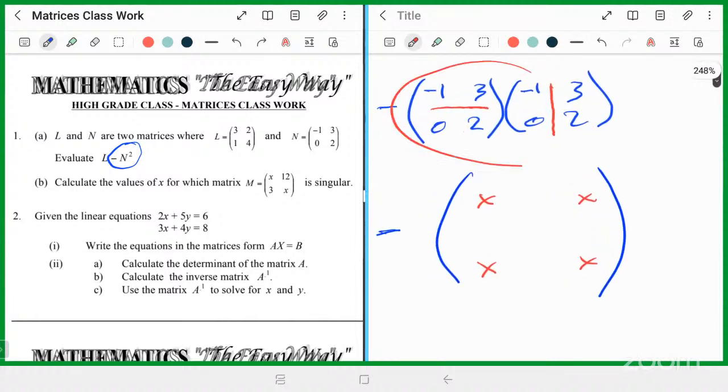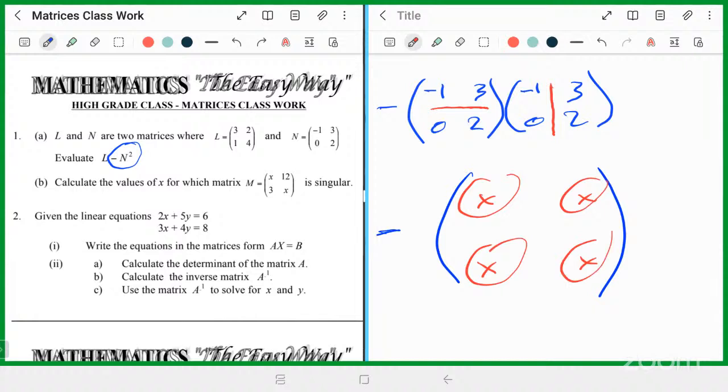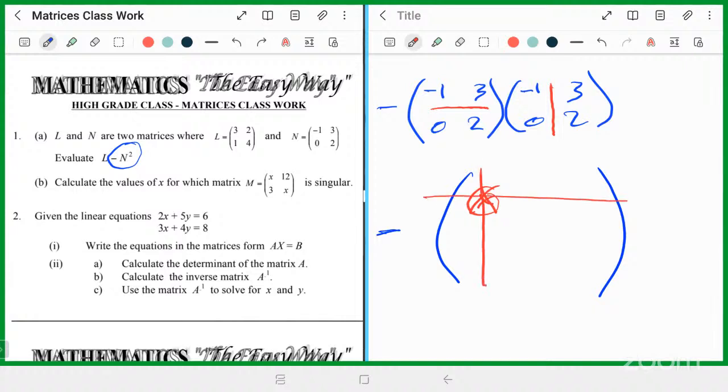When you multiply matrices, you multiply the rows of the first matrix by the columns of the second matrix, and the row and column you choose is based on the position of the value you're trying to get. For example, the first value is positioned in the first row and the first column, so we multiply the first row by the first column.